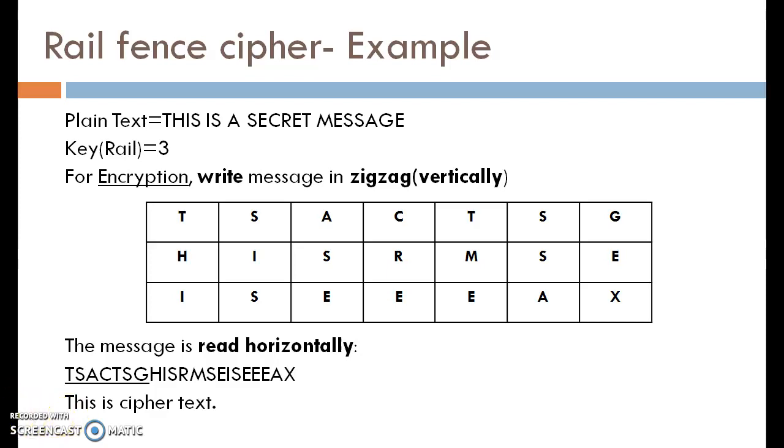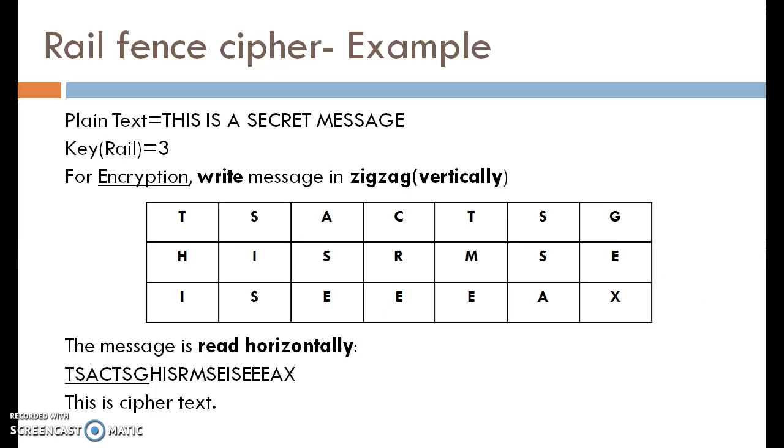So according to that, we are arranging the message in vertical order: T, H, I, then S, then I, S, and so on. After the letters end, if required, we fill the extra letters X at the end. Then after writing the message vertically, now we read it horizontally.